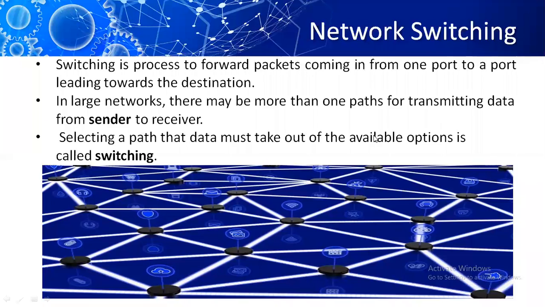So consider this diagram. Many devices are connected in these networks. In larger networks like this, there may be more than one path for transmitting the data from sender to receiver, so there are many paths available between the source and destination.